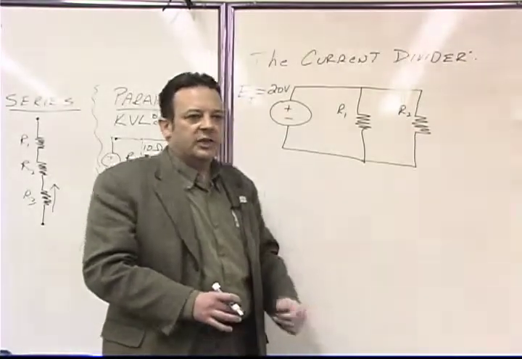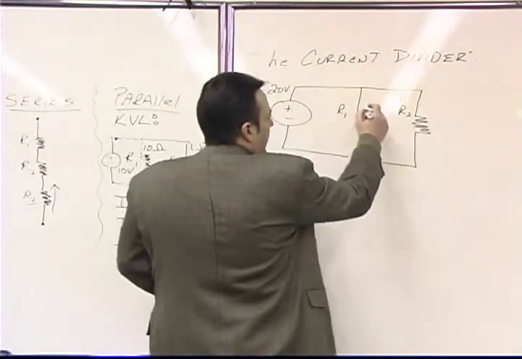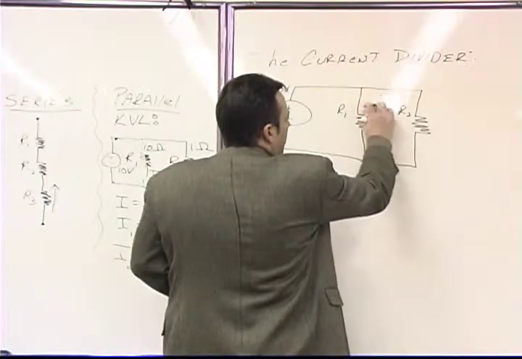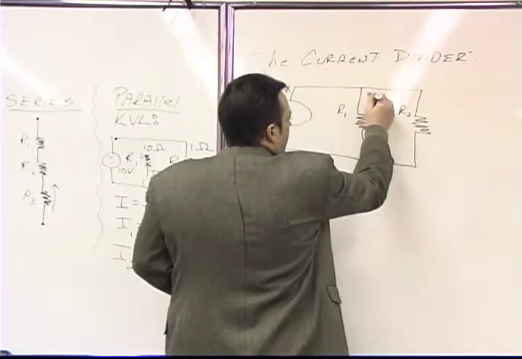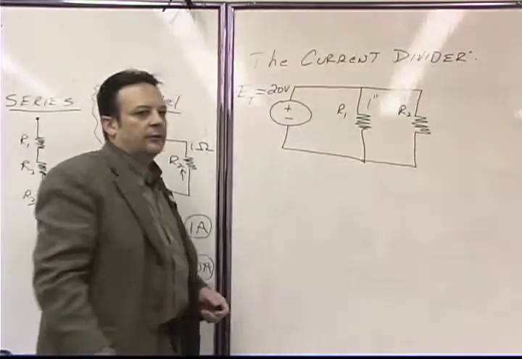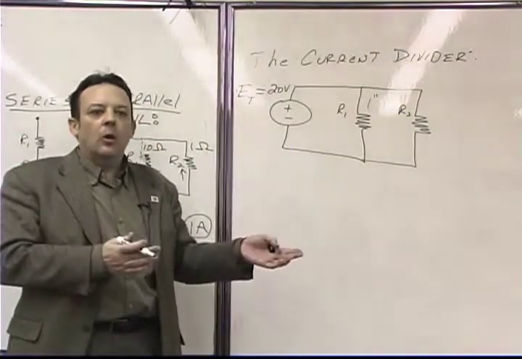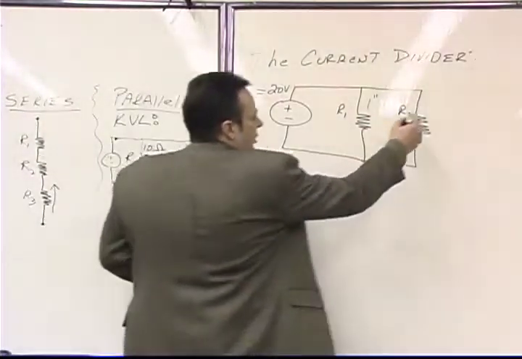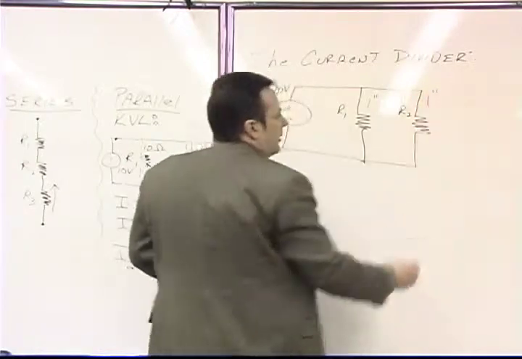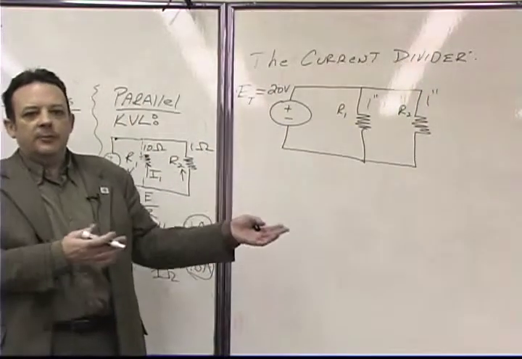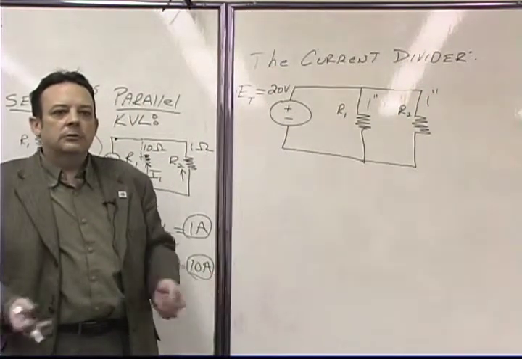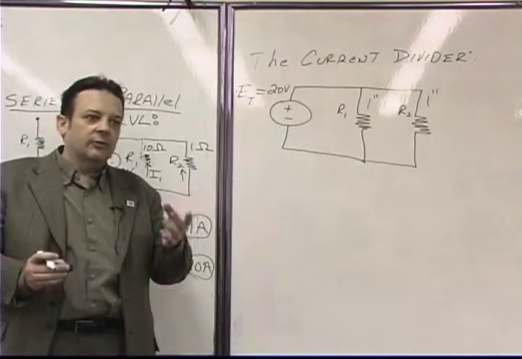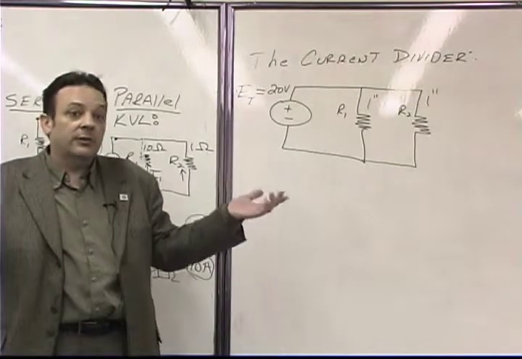Well, what I'm saying is that if this pipe is a 1-inch pipe, then the diameter is going to define the opposition to the flow of water. If this is also a 1-inch pipe, then it's going to have the same opposition to the flow of water. So really the resistance would be the same.